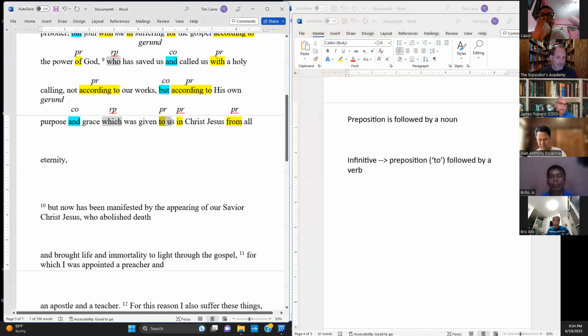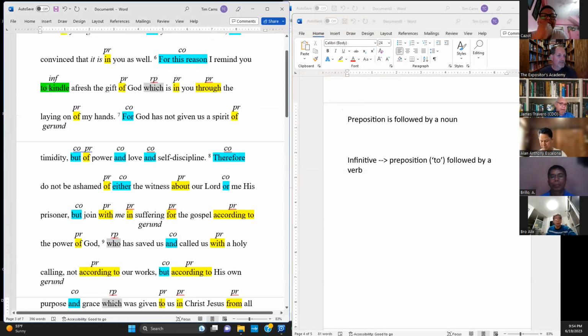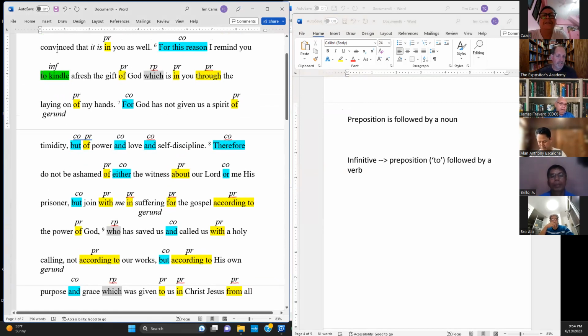Now, in this case, "to us" is a noun, therefore "to" must be a preposition. Earlier, "to kindle" is a verb. So in this case, "to" is not a preposition.